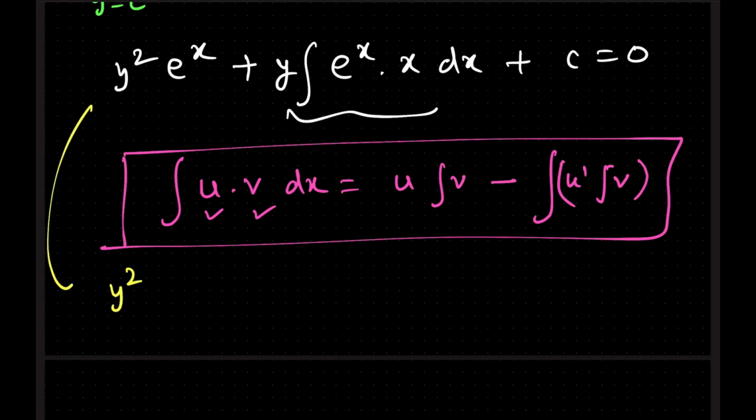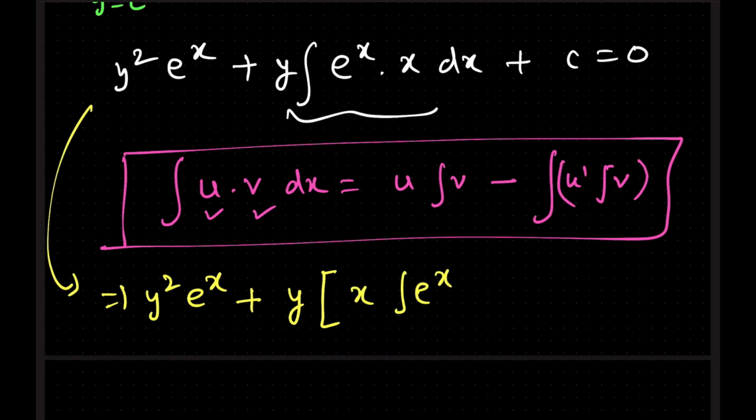Further solving it, y square e^x plus y. Applying integration by parts, you will leave x as it is and integrate e^x, minus, then you will differentiate the x. On differentiating x you will get 1, and you will keep this.